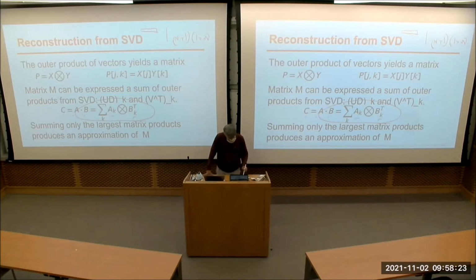We can represent the product matrix as the sum of outer products. We know the importance of outer products based on that diagonal value D, and we can then approximate the matrix by using a small number of rows and columns, just the ones that are considered most important.